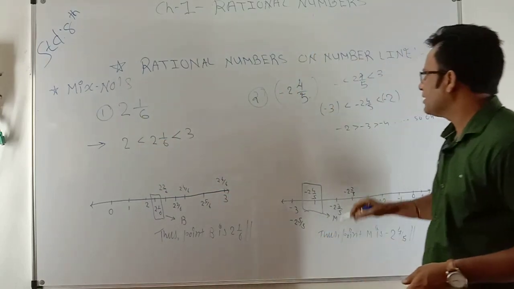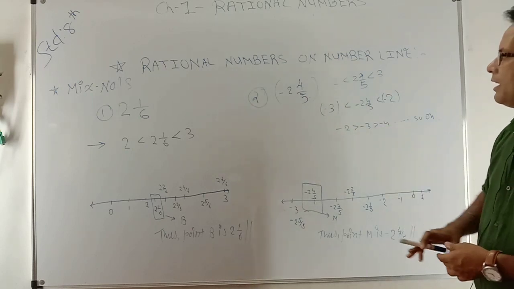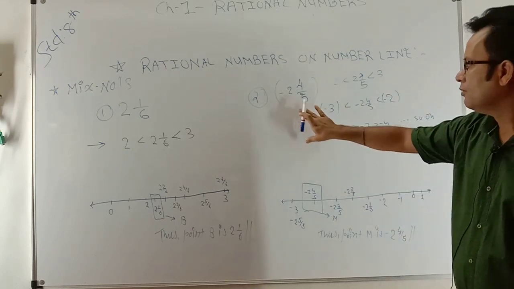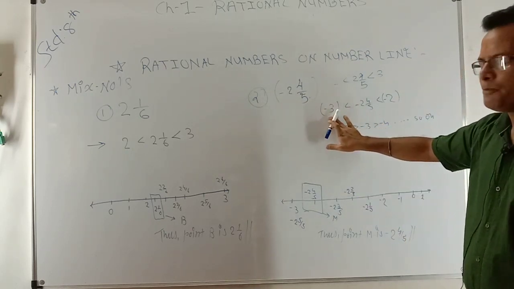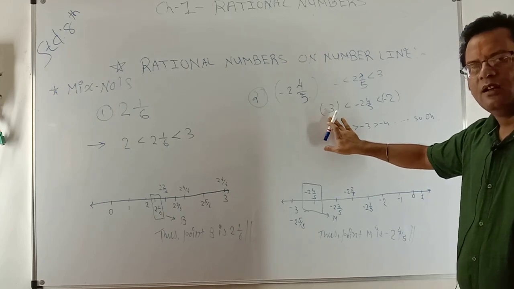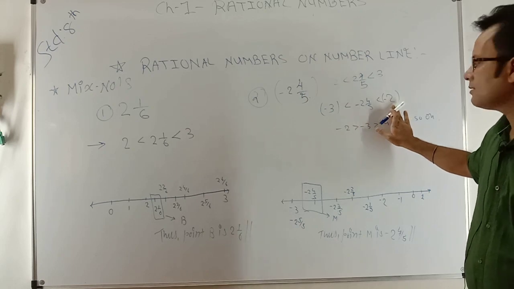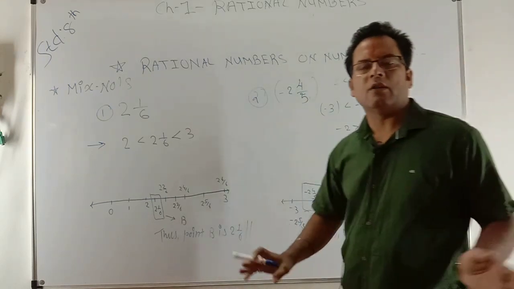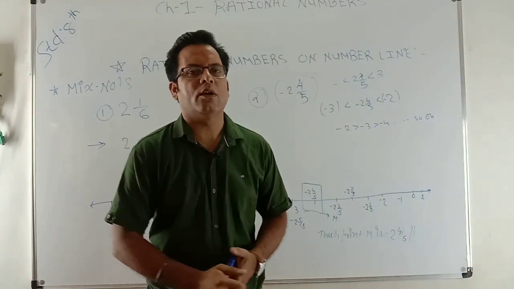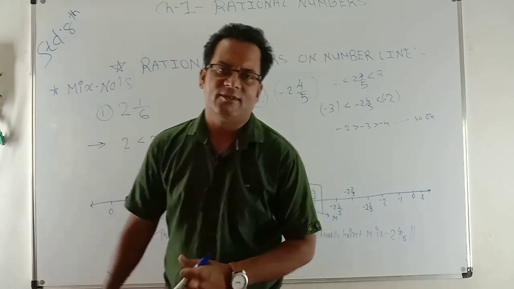And here, the opposite: the number is negative, right? Minus 2 point something will be definitely smaller than minus 2 but bigger than minus 3. So this is all about the presentation of a rational number on the number line. Just take a look.